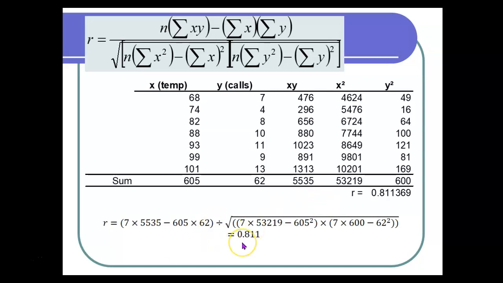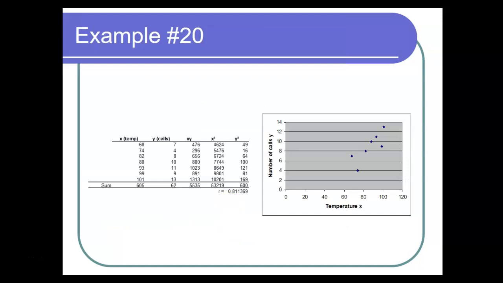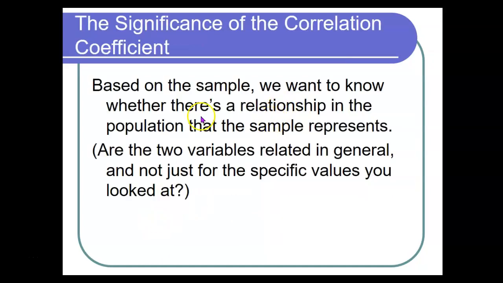Moving on, once we have this number, what does it tell us? I mean, 0.811, is that good? Is that bad? Is that big enough? Well, based on the sample, we want to know whether there's a relationship in the population that the sample represents.